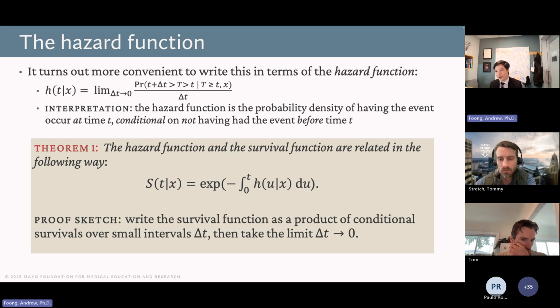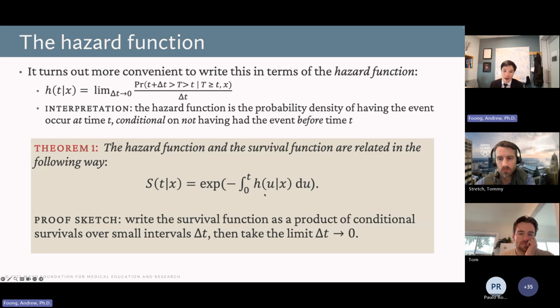And the useful thing about the hazard function is that we can rewrite all the terms in the likelihood just using the hazard function. And one of the important pieces of that is the following theorem, which I will not prove. This theorem states that the hazard function and the survival function, which is that function I introduced earlier, of the probability of not having the event by a certain time, are related in the following way.